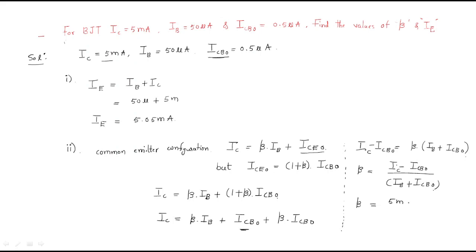So 5 milli minus leakage current, ICBO is 0.5 micro by base current IB is 50 micro plus ICBO, this is the 0.5 micro. 50 micro plus 0.5 micro. So by solving this we will get beta value equal to 99.